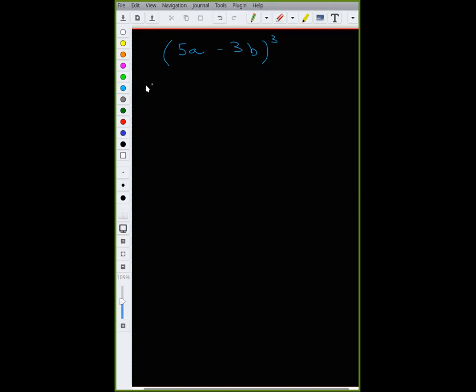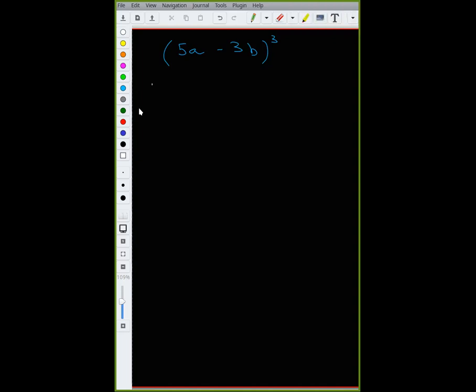So this identity is x minus y cubed is equal to x cubed minus y cubed minus 3x squared y plus 3xy squared.